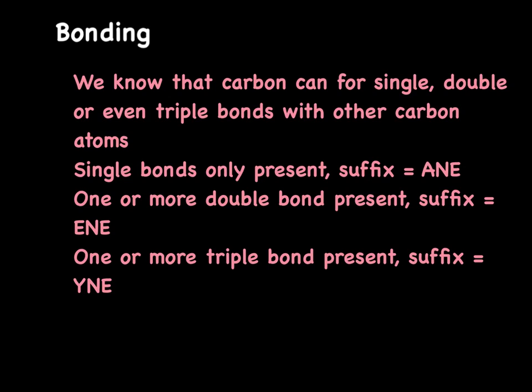All right, if I add a double bond in there, let's say I've got 2 carbons with a double bond, then that would be called ethene. If I've got 3 carbons and a double bond, it will be called propene. Now, we must tell the reader which carbon has the double bonds.